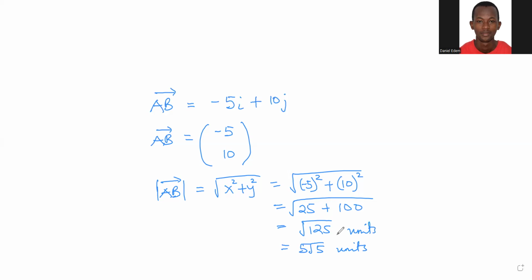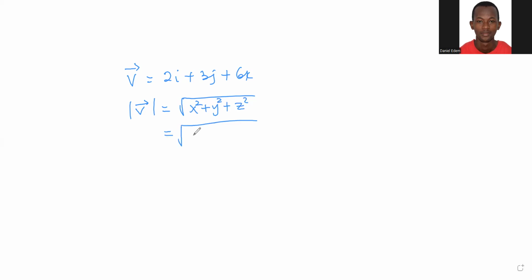Another example on the magnitude, if I give you V is equal to 2i plus 3j plus 6k, the magnitude of this V, since it is ijk, it means that the magnitude will be the square root of x squared plus y squared plus z squared. So this is going to give you 2 squared plus 3 squared, then plus 6 squared.